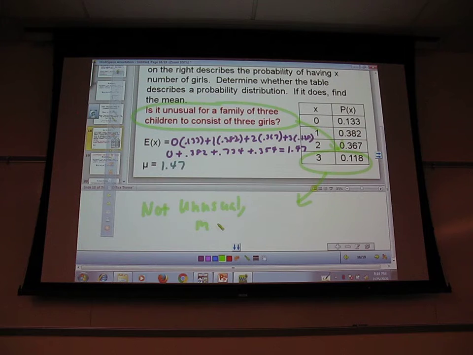It's more than 5%. Right? This is 11.8%. Totally more than 5%. Good? Thanks for bringing that up. I didn't mean to skip that.